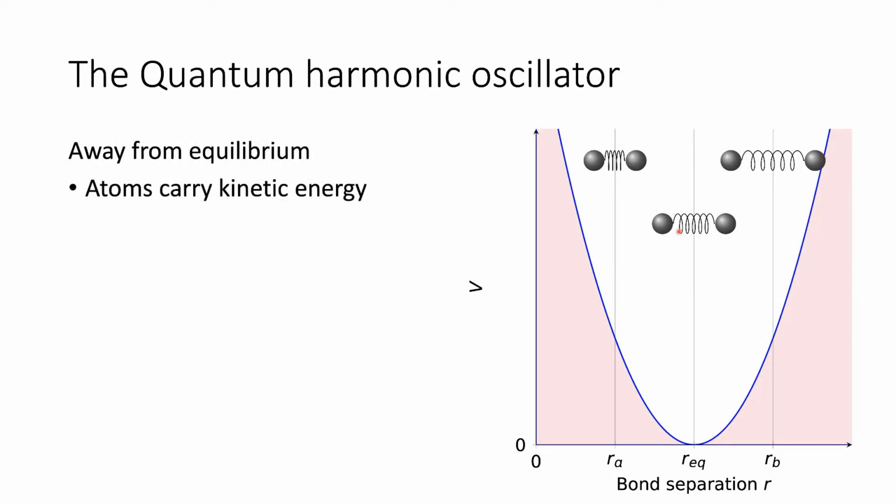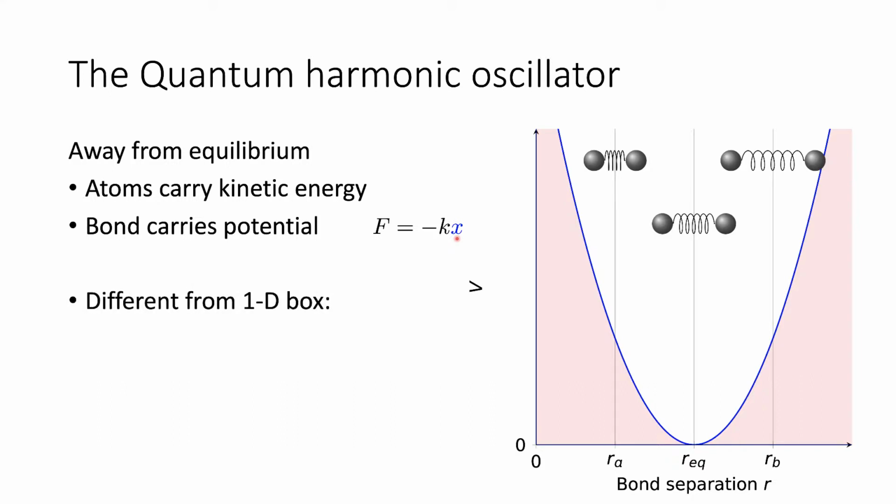So away from equilibrium, atoms are carrying kinetic energy and the bond carries potential, in line with the equation for the harmonic oscillator. The force on the atoms is proportional to negative k times the extension. This is the very definition of a quantum harmonic oscillator. It's fundamentally different from the 1D box. Inside this well, the potential is not zero, but it is finite.